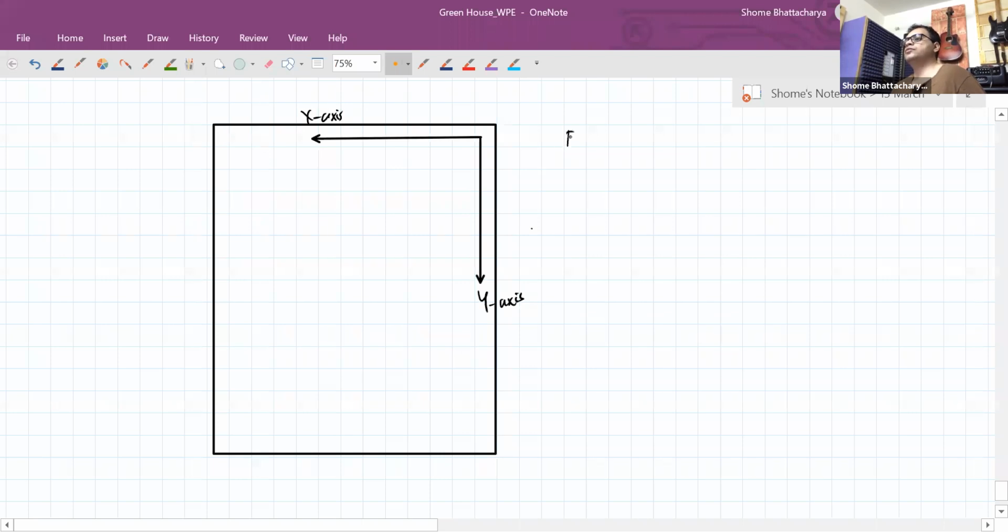This is the front-on view, looking into the inclined plane, and that is nothing but our xy plane.